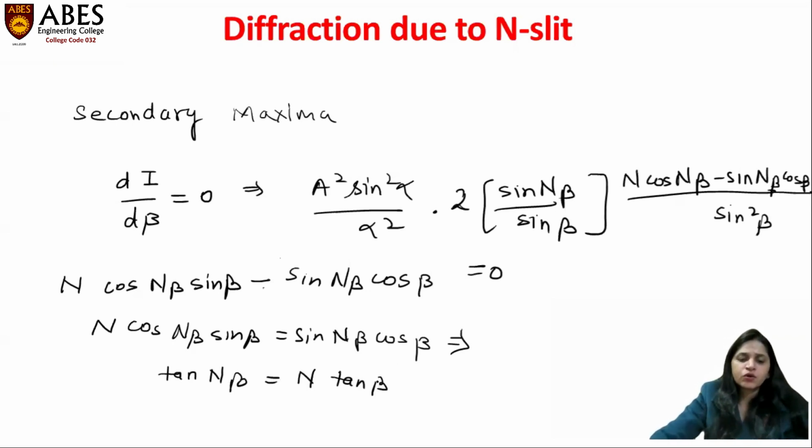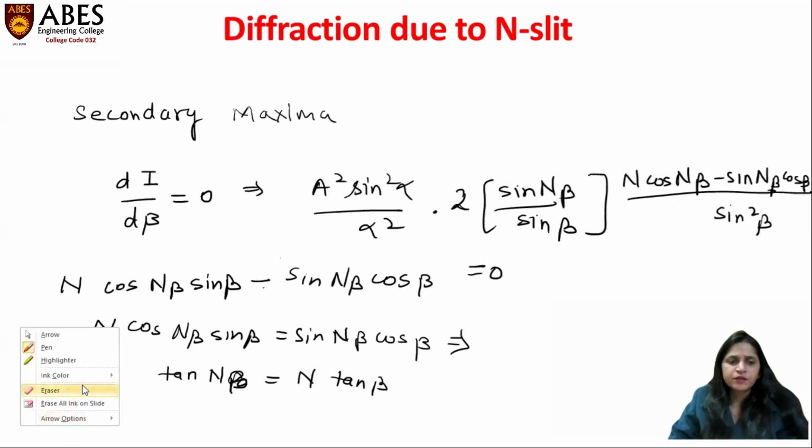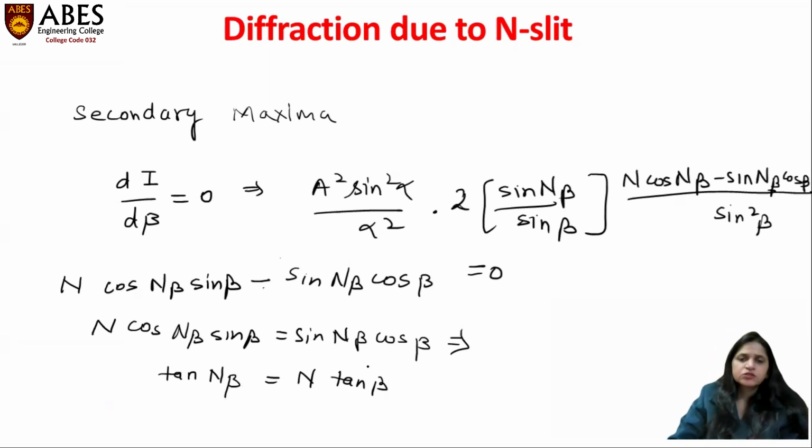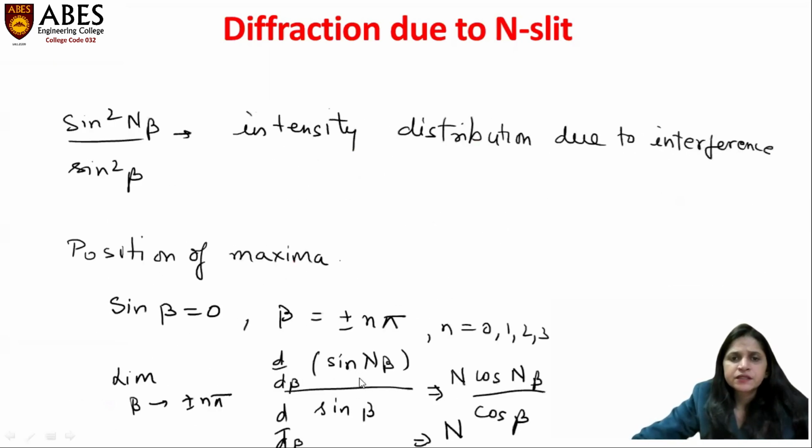So we can draw a triangle with the help of this value. See, this is tan capital N beta, right? So if this is capital N beta, this is the angle that we can take of the triangle, and we can draw a right angle triangle with the help of N beta as an angle. So let us draw the right angle triangle on the basis of tan N beta is equals to N tan beta. Now let us see.